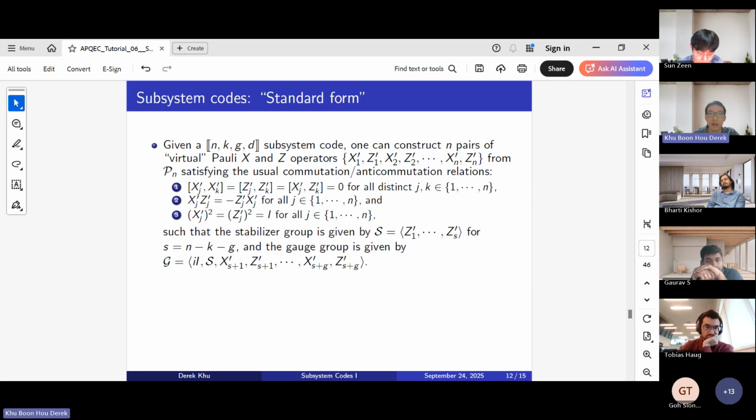I suggestively write them like that to denote that Xj' and Xk' commute, Zj' and Zk' commute, and Xj' and Zk' commute if j and k are distinct. But you would also have the relation where Xj' and Zj' would not commute.